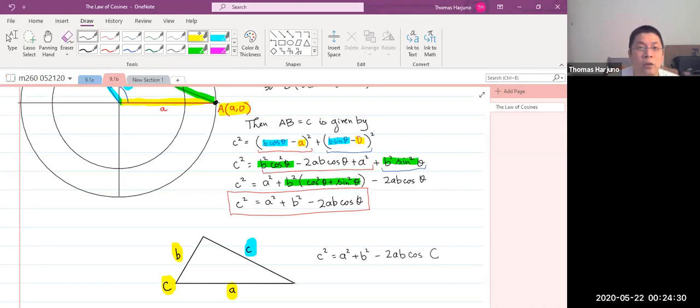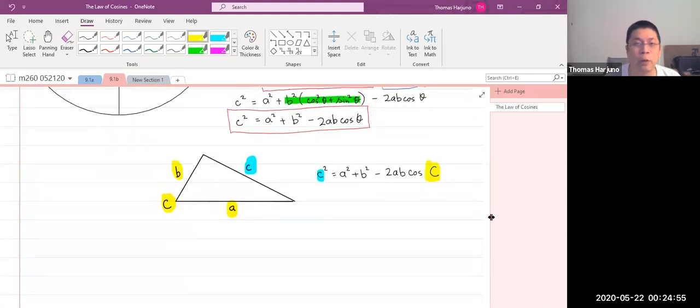Notice that the side is in the opposite of the angle. Now, with that said, then we are ready to apply this. There are two applications of these formulas, though.